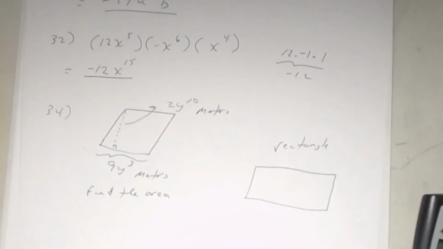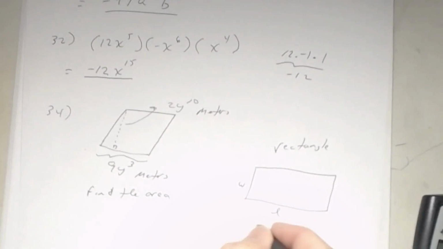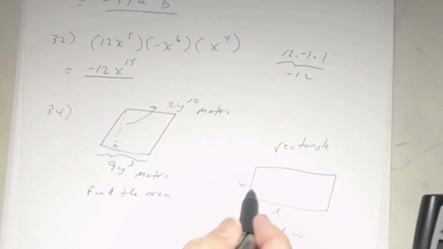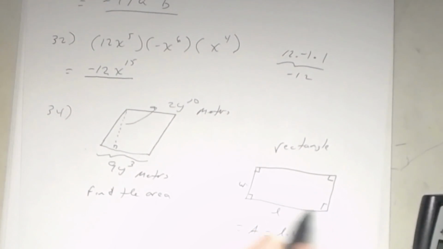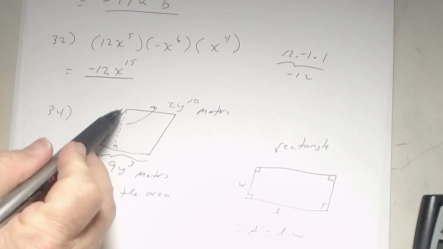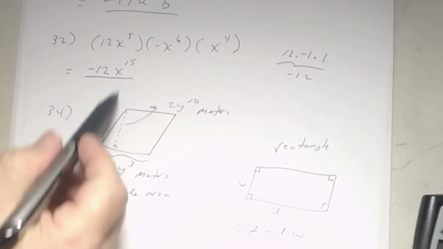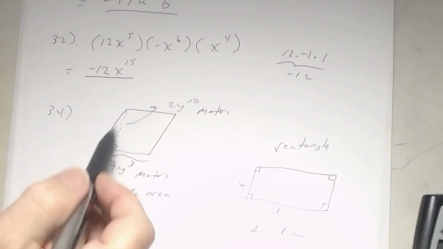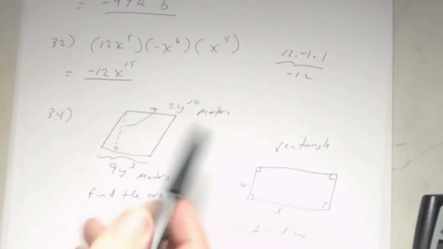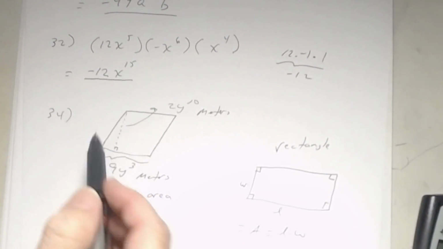It doesn't matter, but the area of a rectangle would be length times width. Notice that a rectangle has right angles. So remember, we just talked about this dotted line that forms a right angle. This dotted line is called the height, or the altitude. Let's particularly use the height because the problem uses the word height.